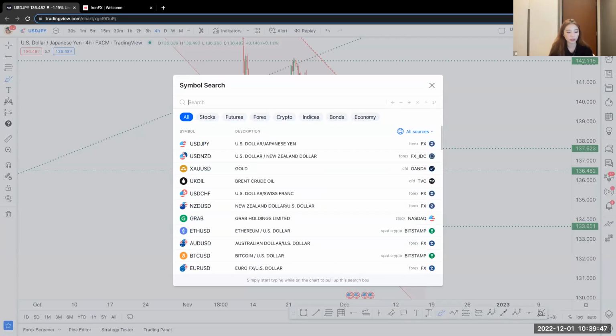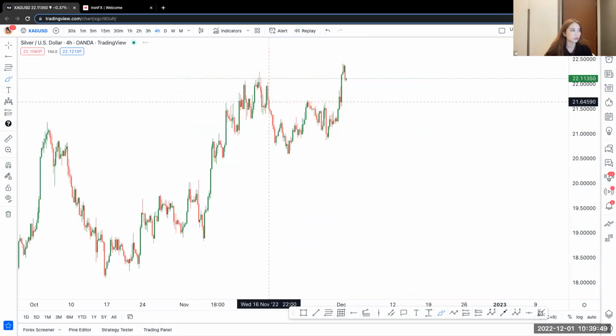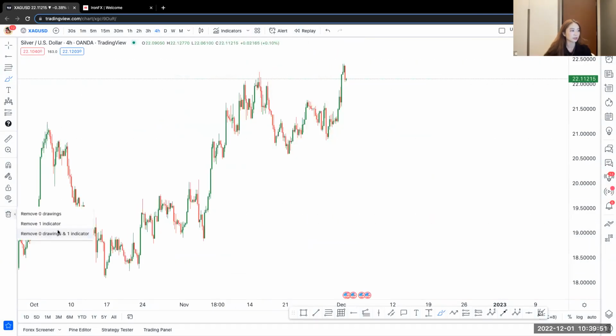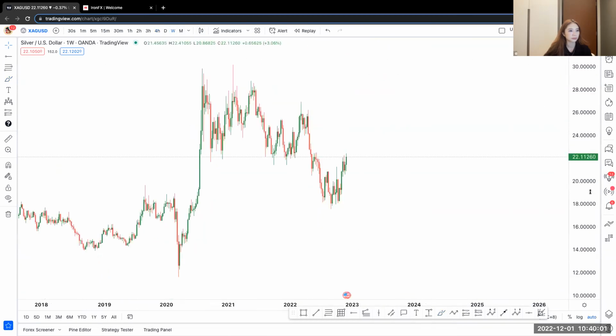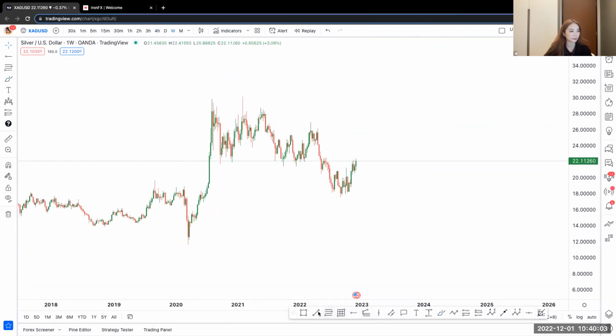Let me think. Maybe silver. Not sure whether you guys are interested in silver. Weekly.